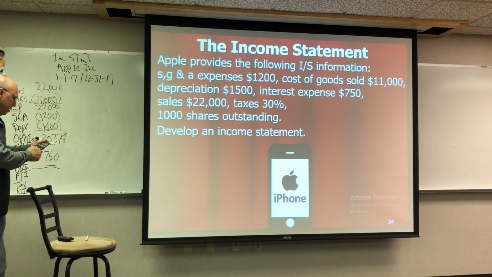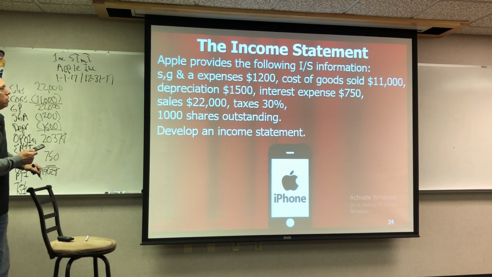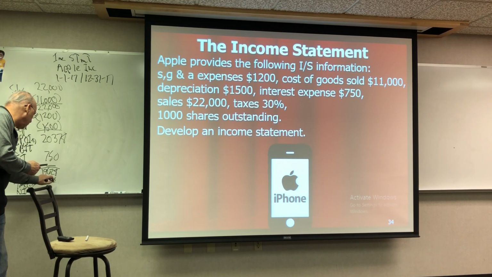So we have pre-tax minus $750, and we have pre-tax income of $19,628. And then the tax rate is 30%, 0.3. So we multiply that times 0.3, and we get 5,888 right there.